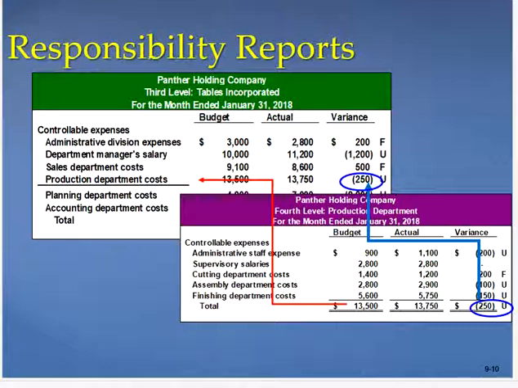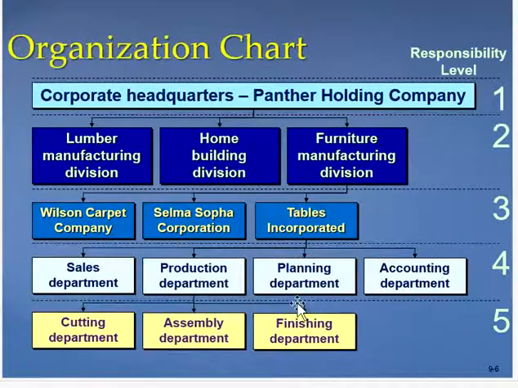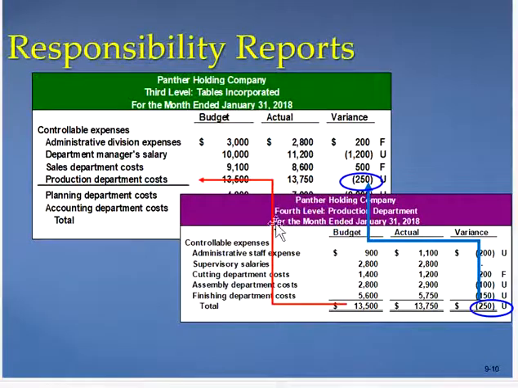Again, if not clear, you need to go back and look at the hierarchy. Furniture department, we started to break down the variance from here to tables. From tables we put the variance reports based on each department. Then we find out, okay, next one after table we look at this one, production department, which is 250.